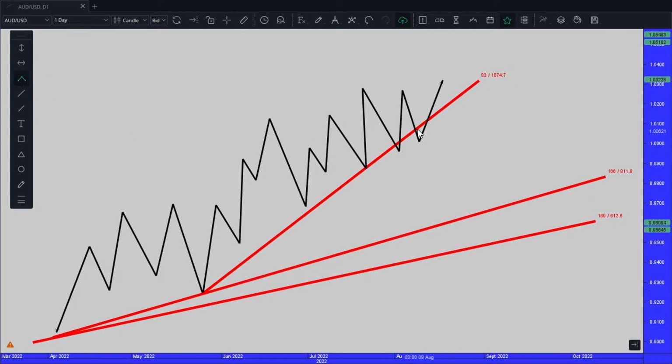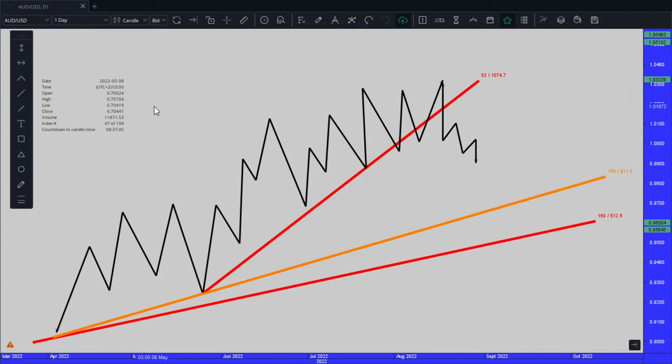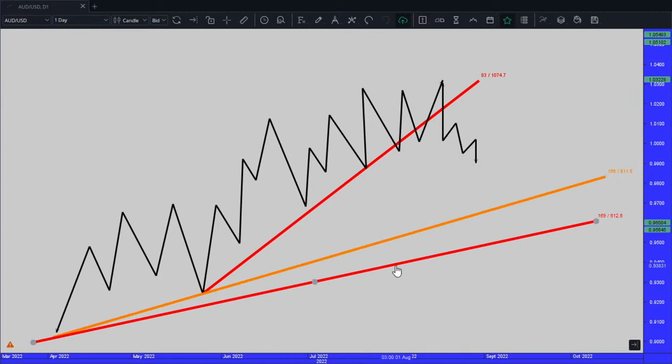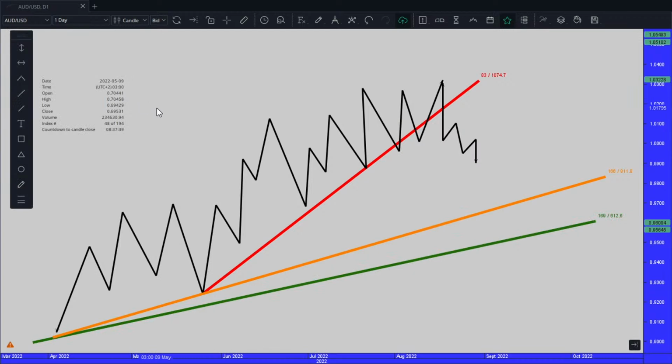Short term the market is in a downtrend, but medium term, orange line, we are still in an uptrend, and long term, the green line, we are still in an uptrend. You must learn those things, everybody. If not, it's going to get confusing.